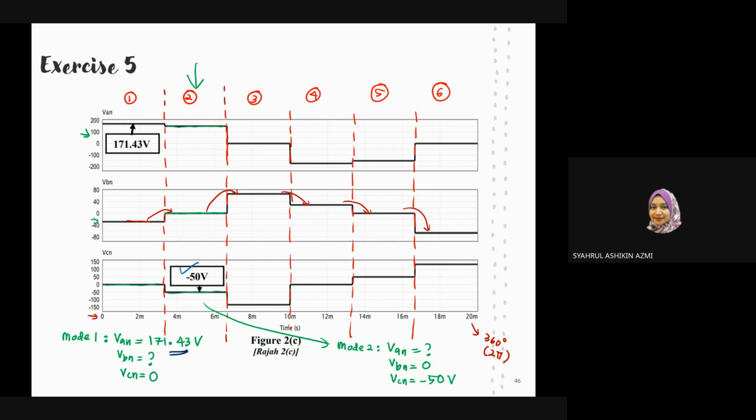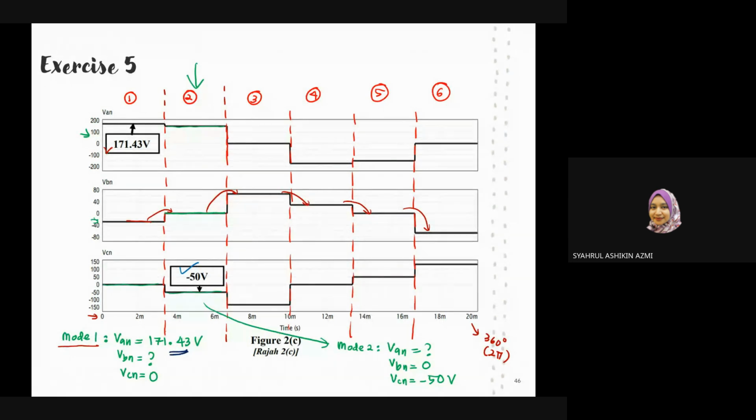Number 1, it gives us the level of voltage VAN in mode number 1, which is 171.43 volt.